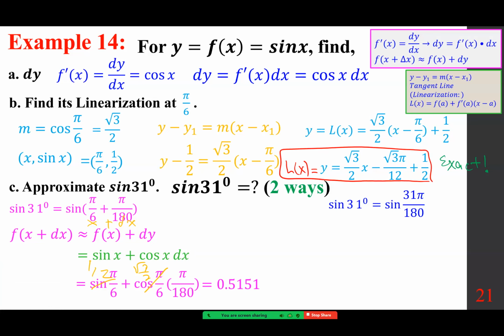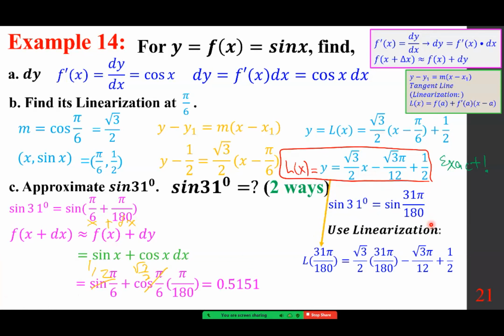And you have to replace the x with 31 pi over 180. So square root of 3 over 2 times 31 pi over 180, minus square root of 3 pi over 12 plus 1/2. Now you put it into a calculator and do the math. And with 4 decimals it gives you exactly the same answer that you got here. It is supposed to give you the same answer. So linearization can be used.